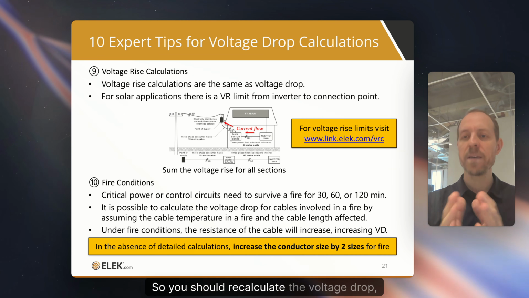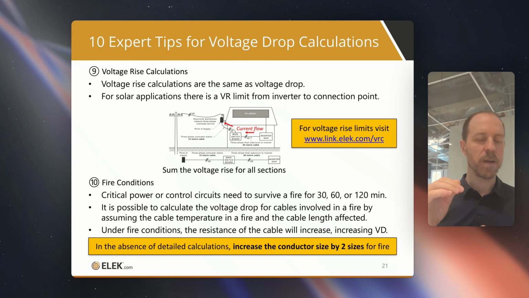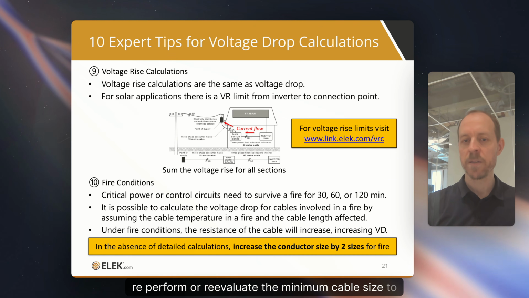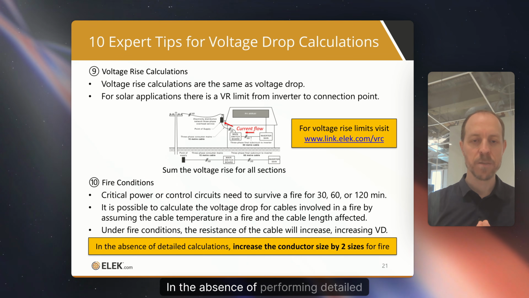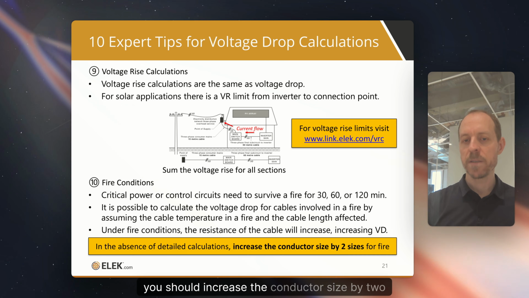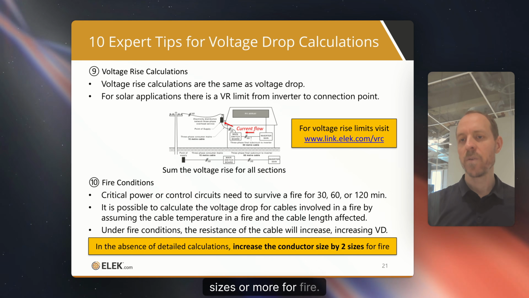So you should recalculate the voltage drop and reevaluate the minimum cable size to survive during a fire. In the absence of performing detailed calculations, you should increase the conductor size by 2 sizes or more for fire.